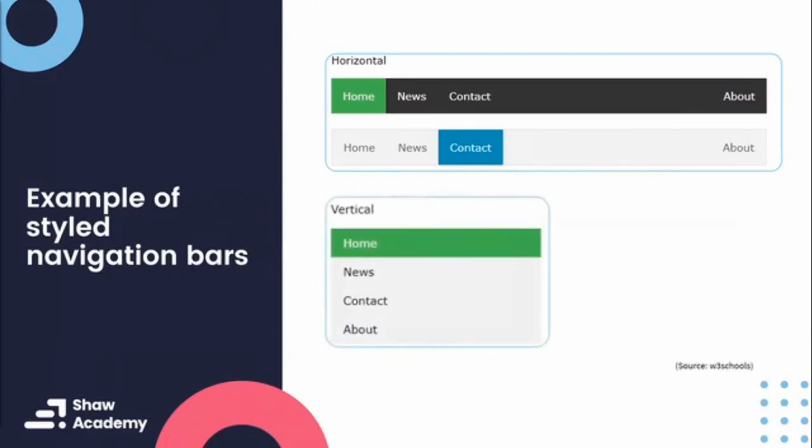And then we also have the vertical approach where we can have a sidebar or a hamburger menu, if you will, where the list items are placed in sequence, one below the next. So these are the two typical approaches you would take when it comes to designing your navigation bar. Now, very important, this is not to say that this is the only approach, but keep in mind we want to follow best practice.